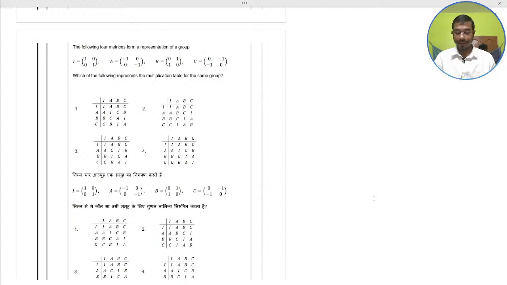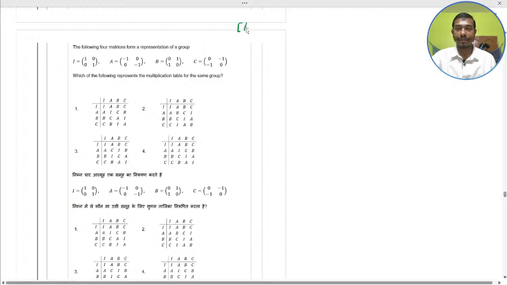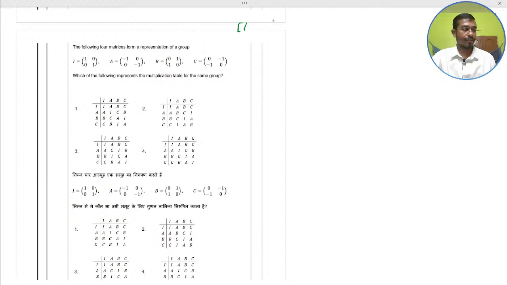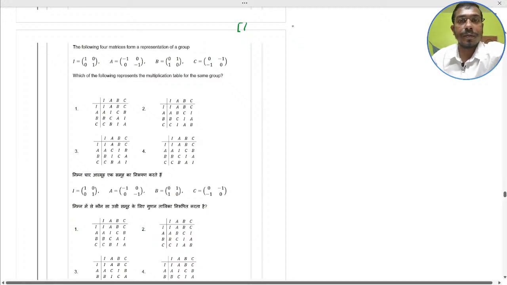Group theory, mathematical physics. First, I is the matrix 1 0 0 1, so multiply by A. One minute.